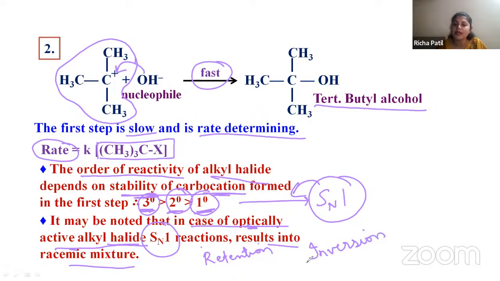They cancel each other, and it is called a racemic mixture. So in SN1 reaction, it shows 50% retention, 50% inversion. These are the things you need to remember for your SN1 reactions.